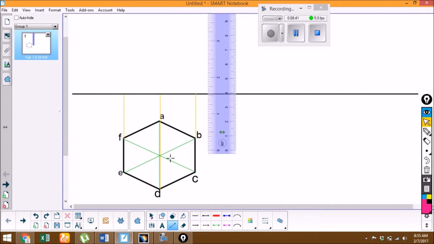This is how the top view looks. At the center we put O, the apex point.